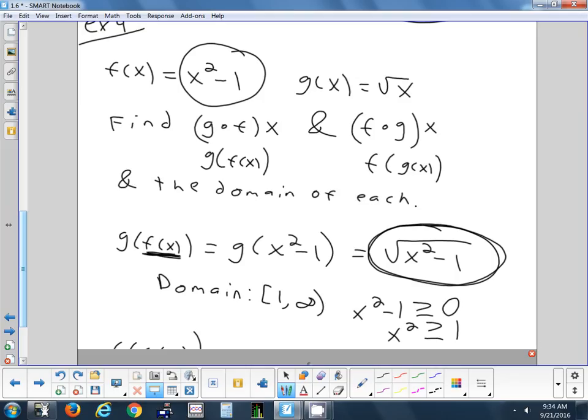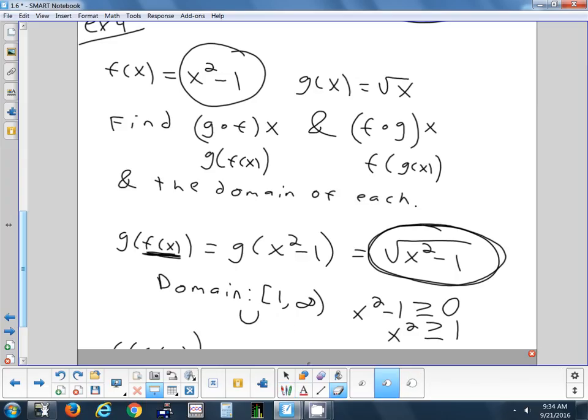And what else? Because I could plug in other numbers that would work, like -4 squared, that would be 16. 16 take away 1 is 15. I can take the square root of 15. Anything that's at least -1 or less, smaller. Yep. So the domain is anything that's bigger than 1 or anything smaller than -1.